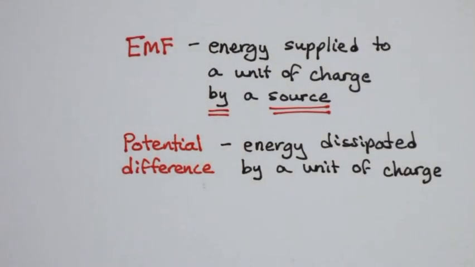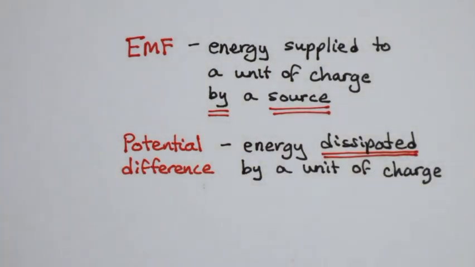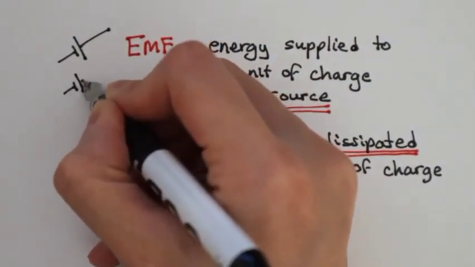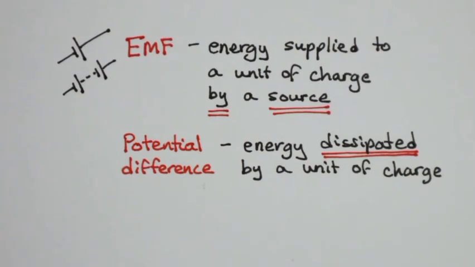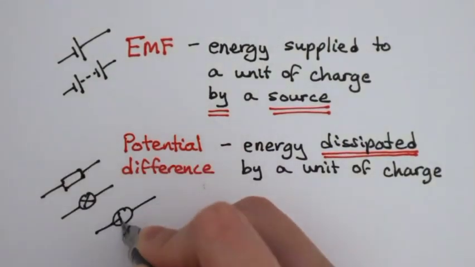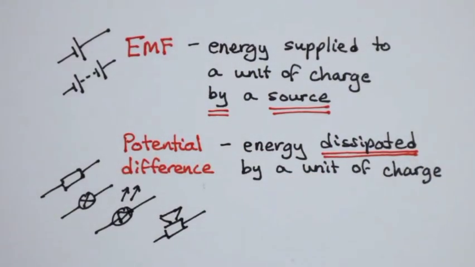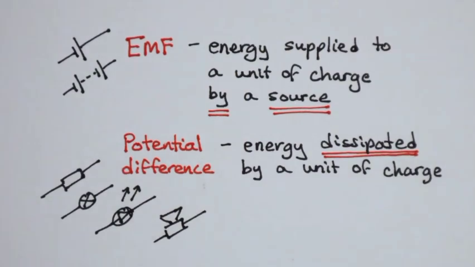So the process of energy transfer here is from electrical energy to other types of energy. So you can think of cells, batteries, and any other power sources as having EMF. But components like resistors, light bulbs, LEDs, and speakers will have a potential difference across them.